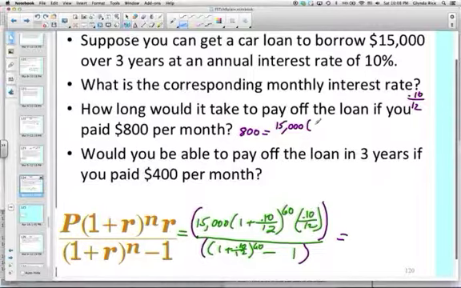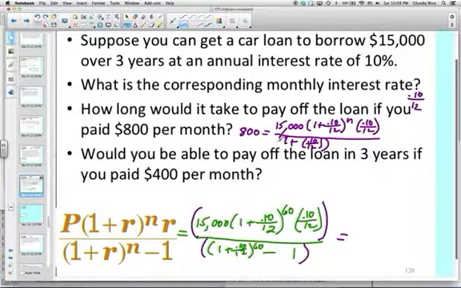And then your 1 plus 0.10 divided by 12. N is what you don't know. 0.10 over 12, and then 1 plus 0.10 divided by 12 to the nth power minus 1.